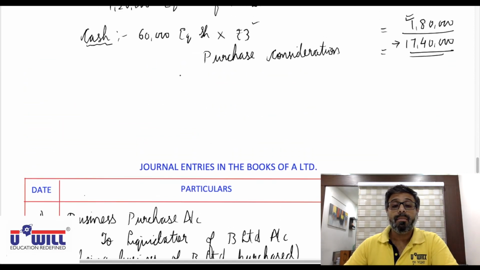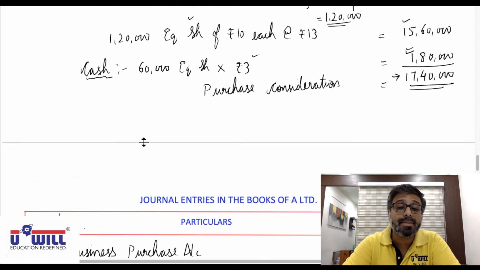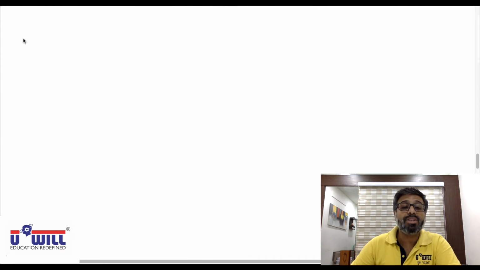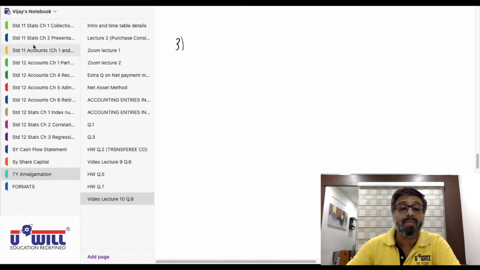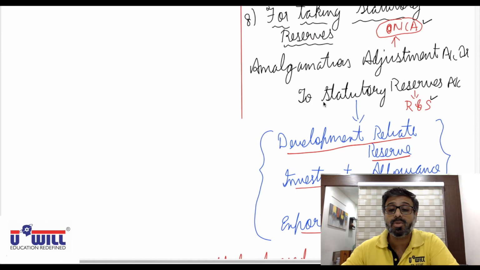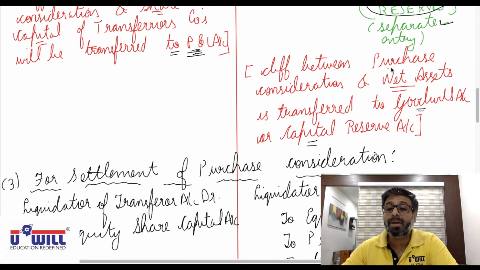Now, before we pass the second entry, we will have to make the workings. Which workings? Since it is purchase method of accounting, you all must remember this, okay? We have to find the difference between purchase consideration and net assets.